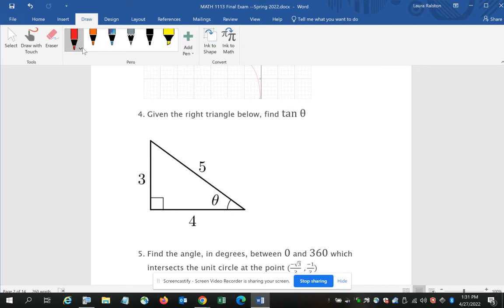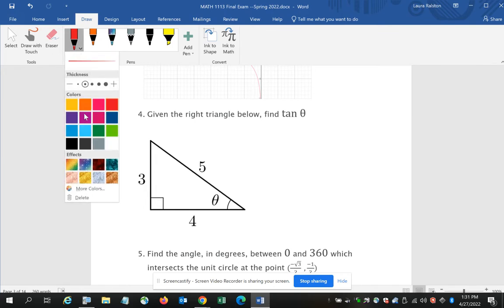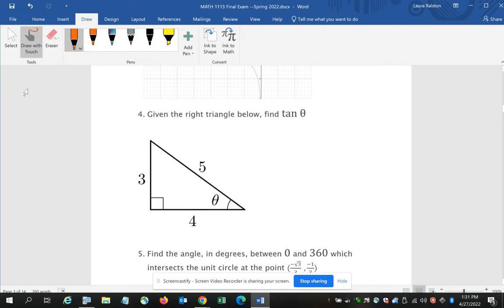Then as we move to question 4, we get into module 5, which begins the introduction to trigonometry and the right triangle. So question 4 says, given the right triangle below, find the tangent of theta. So on your formula sheet, it gives you the relationships for a right triangle.